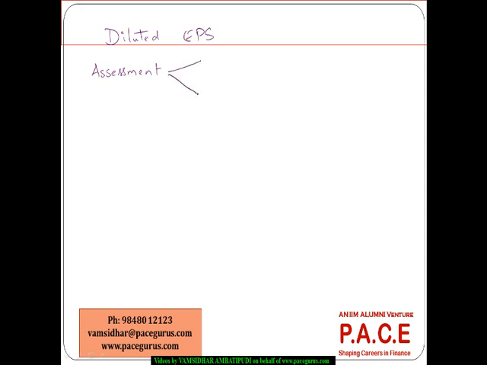First of all, for every one of these potential dilutables, are they really dilutive or anti-dilutive? If there is a preference stock, I have to see whether it is dilutive or anti-dilutive. If there are options given, I have to check whether they are dilutive or anti-dilutive. What does that mean?